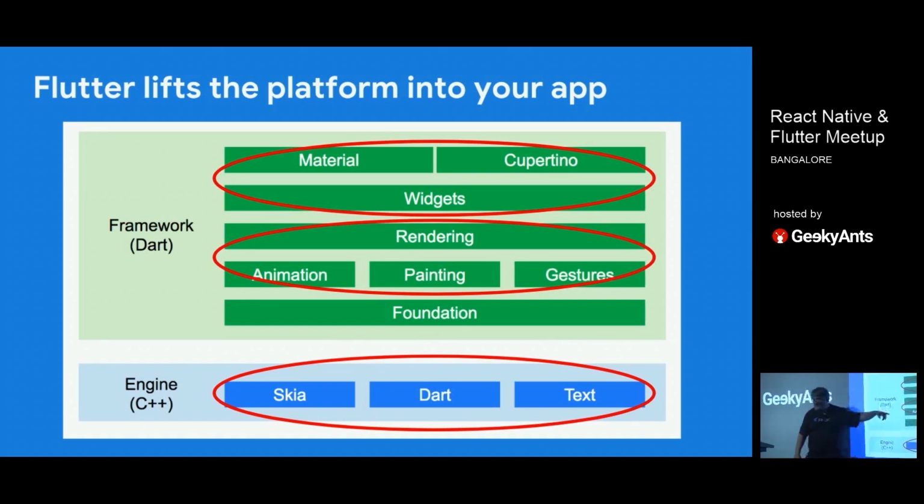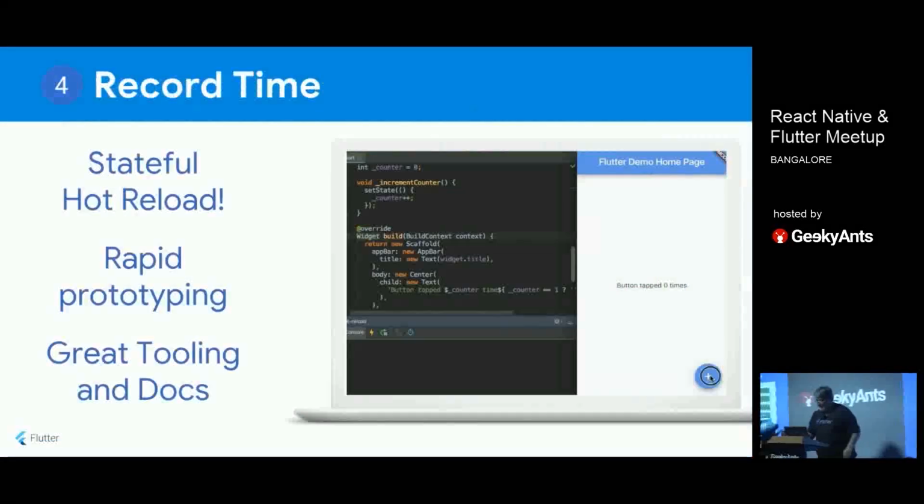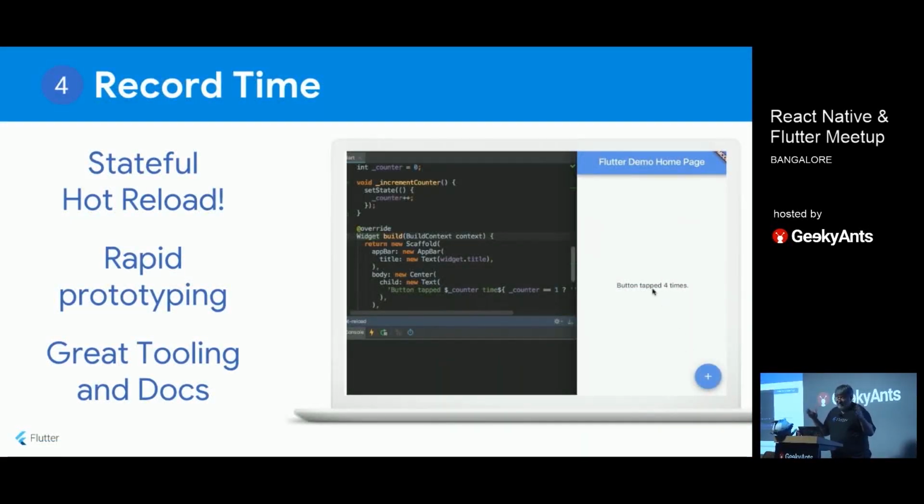In fact, it has the gestures in it. You can add new gestures to Flutter. It's actually really easy to do that. I've done it. Okay, and you can add new types of animation. And then it has all the widgets that come with it, right? And then underneath that is the engine. He's already talked about that. I'll skip that. Okay, fourth and last, you can do all this in record time.